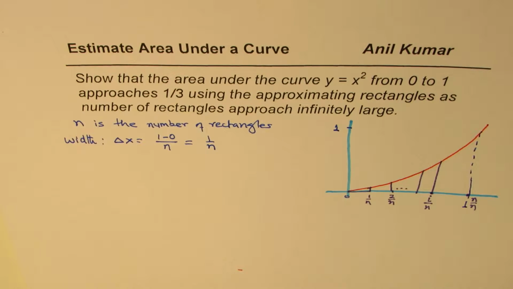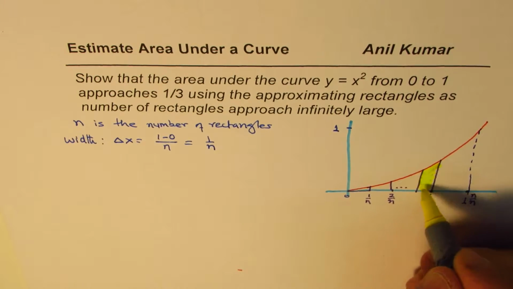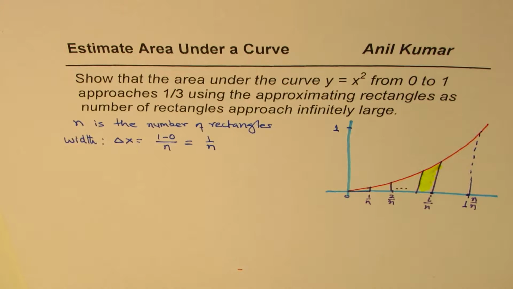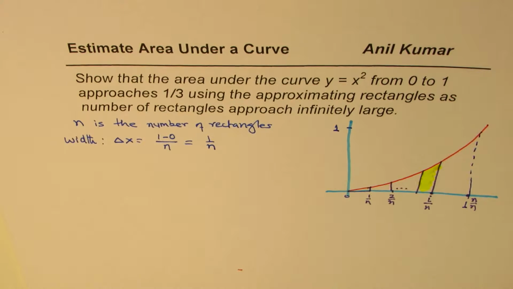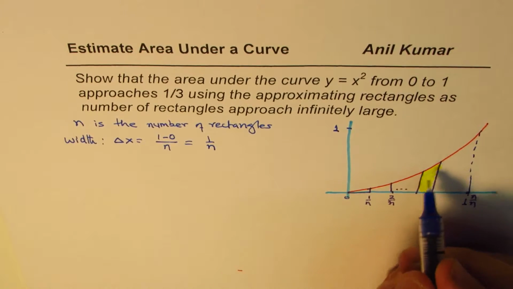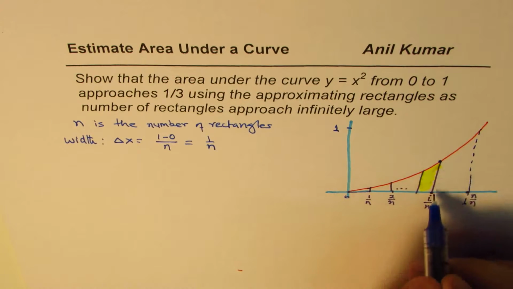To find the general formula, I will consider the area of the rectangle in general, which we are treating as i over n, and we'll sum it from the first to the nth one, correct? We'll also use the right corner in our calculation to find the height of the rectangle.